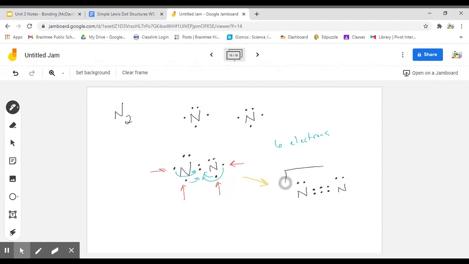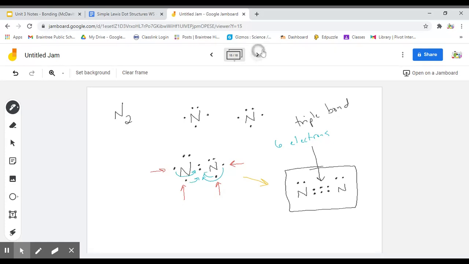I know this might look a little weird, but if you look, this satisfies our 6 electrons, our triple bond, because now we're sharing these 6 electrons, and then each of these nitrogens still has a lone pair, so they each have 8 valence electrons. So this is when we would need a triple bond, when we have multiple unpaired electrons on each atom.